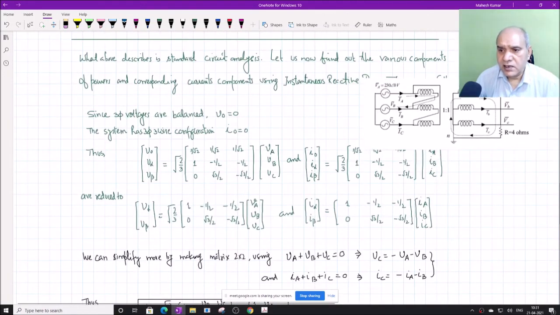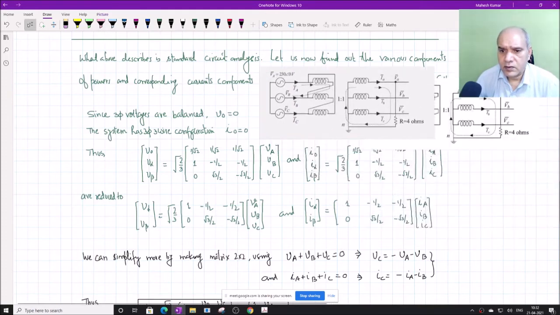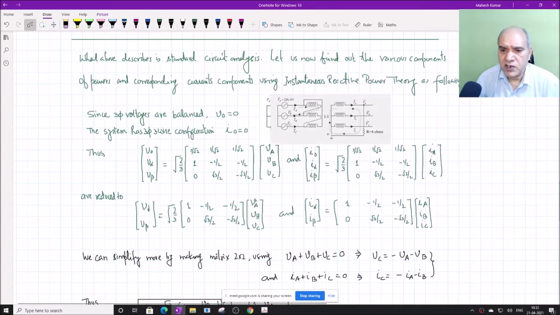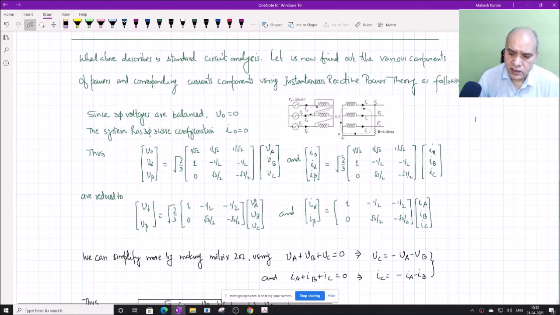So essentially this circuit is a 3-phase 3-wire system when looked from the utility side. And as you have seen in the previous example, that is how it is seen. So finally, if you look from this side, it is a 3-phase 3-wire system.